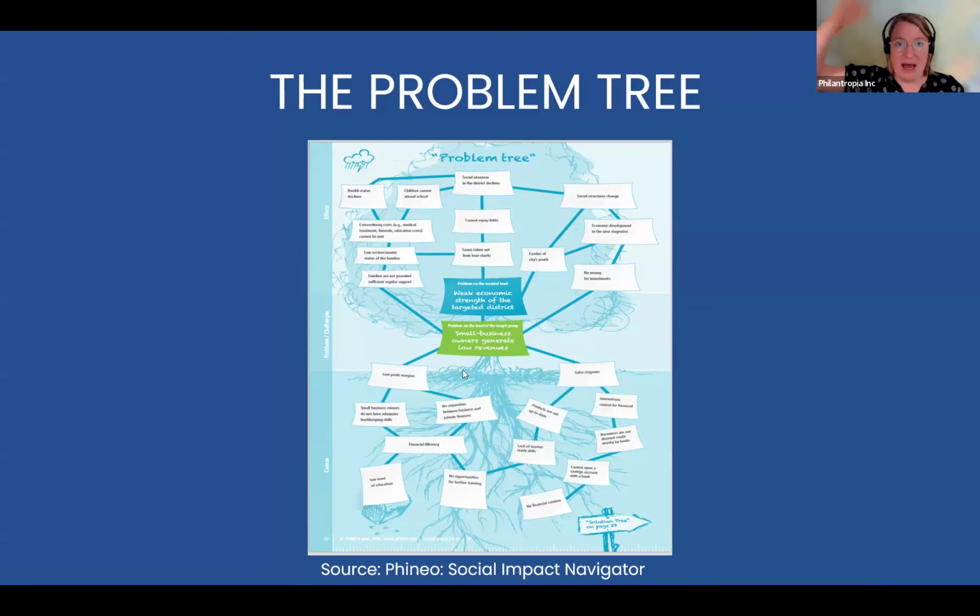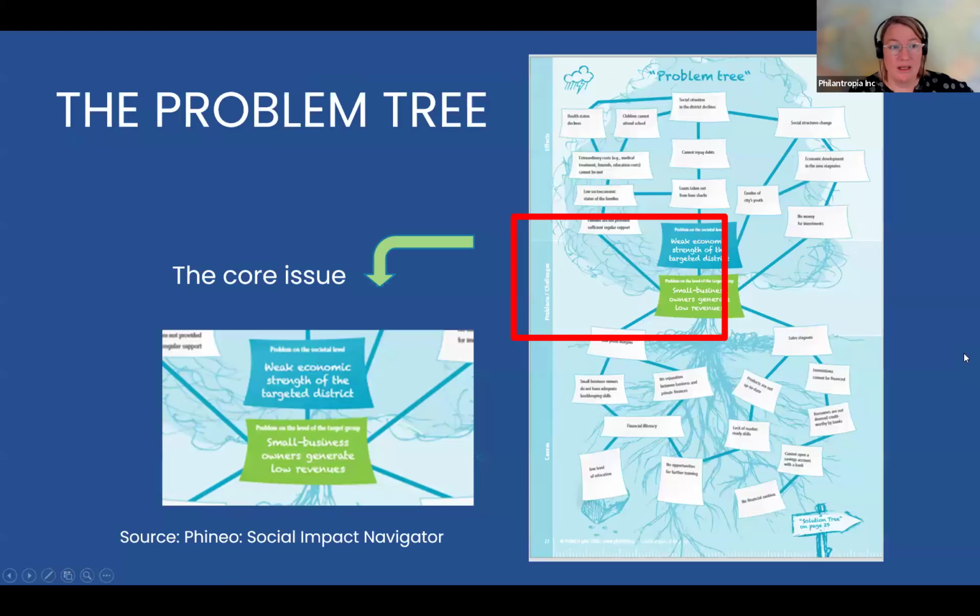Whatever the effects are in your circumstances, the top of the tree describes the things that are caused by the problem. And again, writing all of this down gives you a very, very deep understanding of the issue you want to solve, and really also helps you to craft and design your interventions. Because the better you understand the problem, the better you're going to be able to solve it.